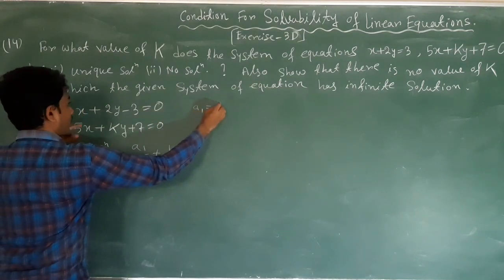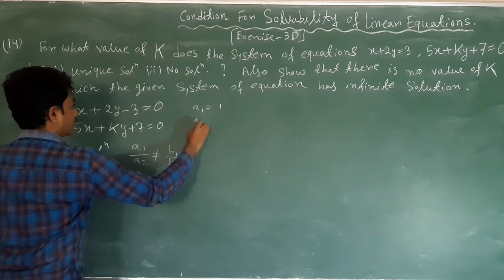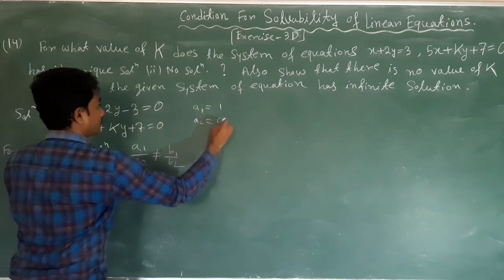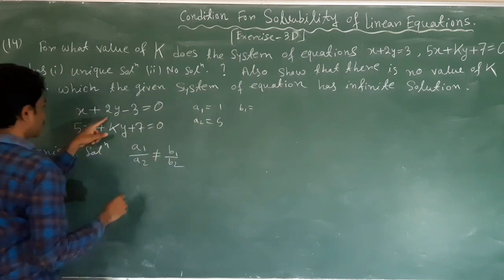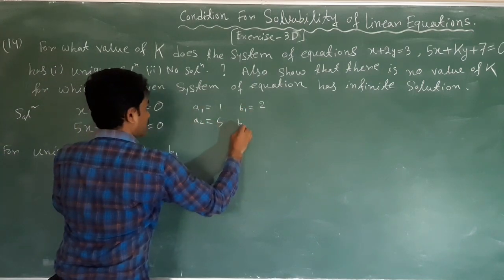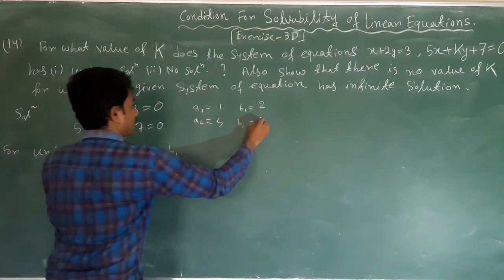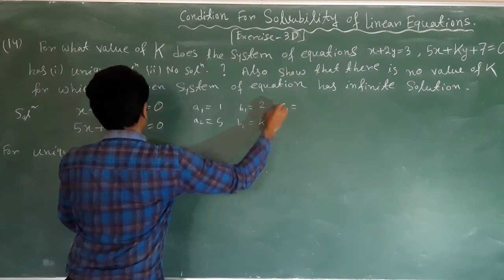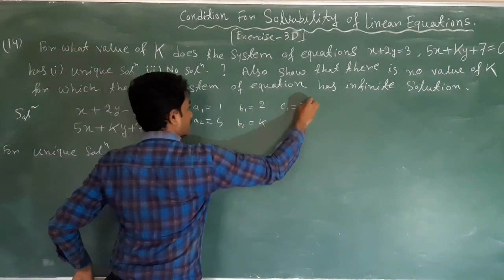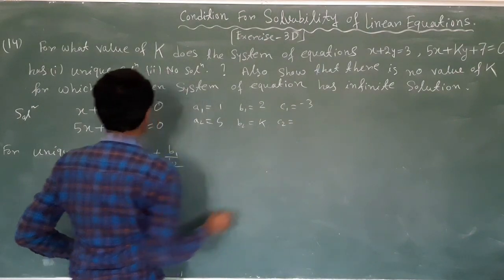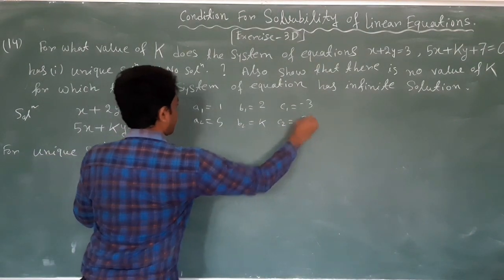So, A1 is equal to 1, A2 is equal to 5, B1 is equal to 2, B2 is equal to k, C1 is equal to minus 3 and C2 is equal to 7.